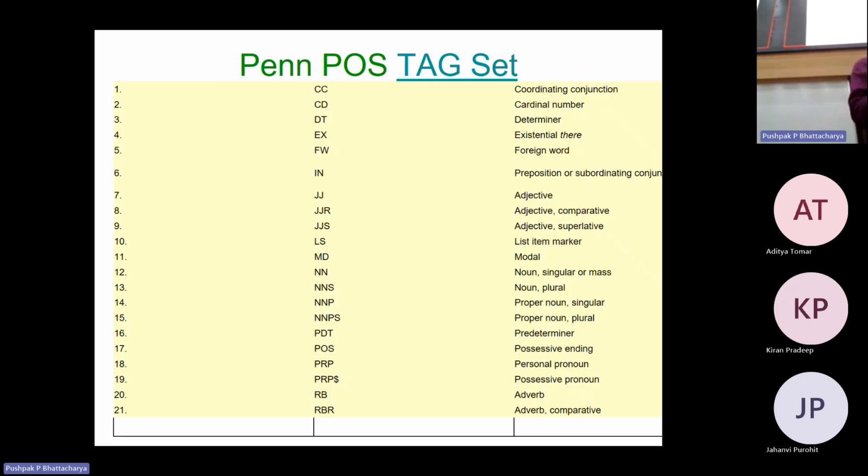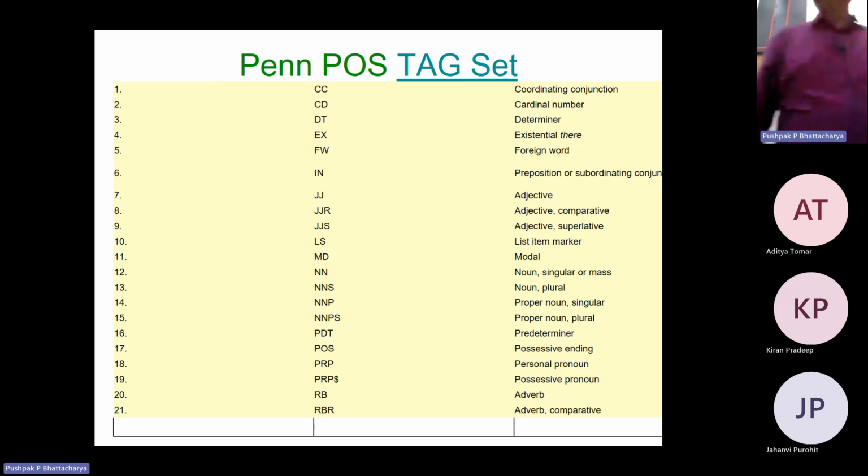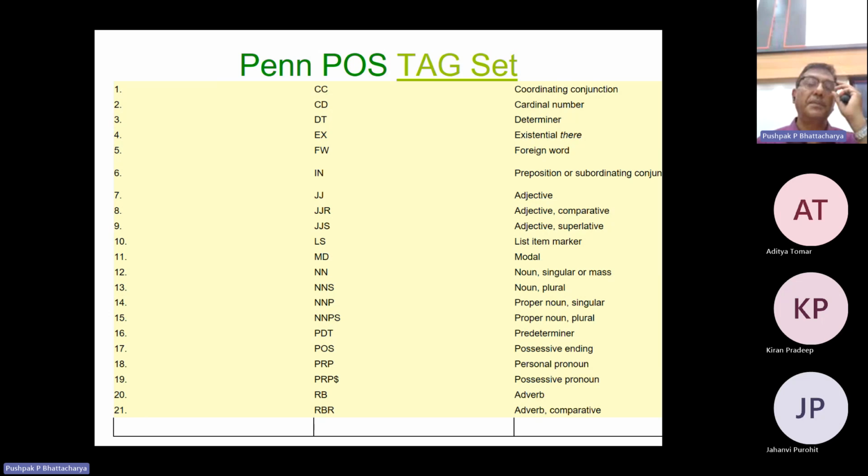Now, we have been talking about the Penn tag set quite a lot. There are some 40 tags, 21 are shown here. You probably have already started looking at these tags, but this document, which is there on the web, explains the tags with examples.